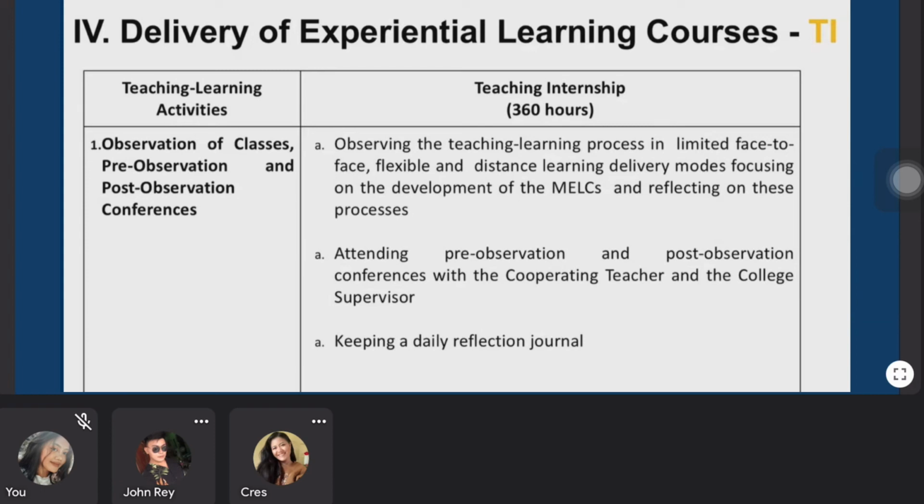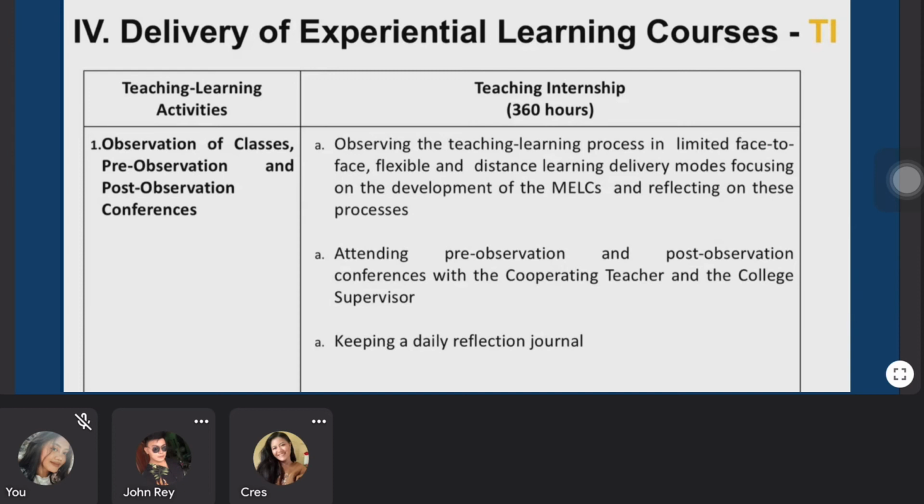During teaching internship, first is observing the teaching learning process, limited to face-to-face and flexible and distance learning delivery modes, focusing on the development of the MELCs and reflecting on these processes. Second is attending pre-observation and post-observation conferences with the cooperating teacher and the college supervisor. And lastly is keeping a daily reflection journal.